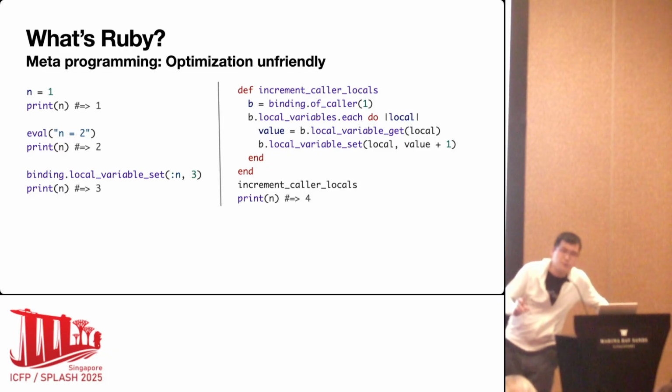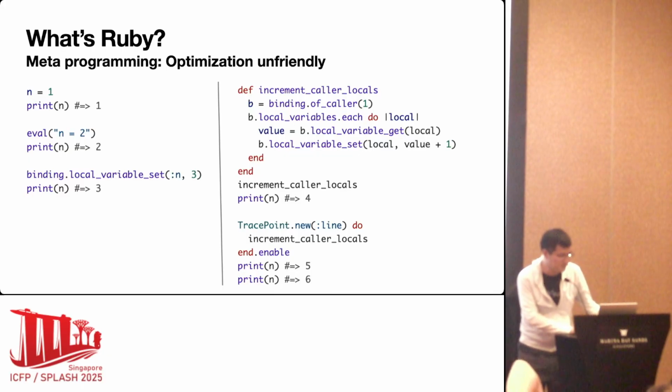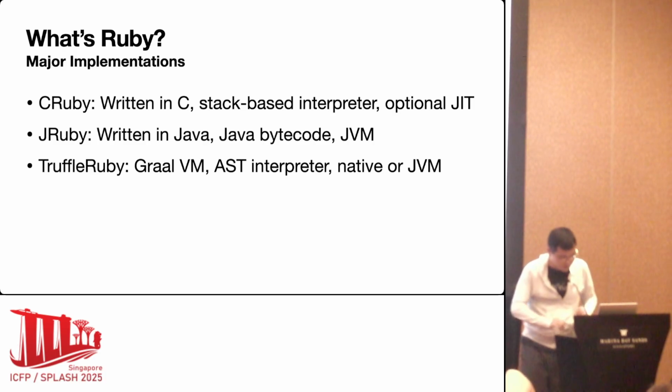So whenever you make a method call, you need to be prepared for every local variable in the frame being modified. And there's also a tracing feature that allows you to do that kind of thing. In this last example, whenever you go to the next line, that triggers the line event and increments every local variable in the top level frame. So we are dealing with that kind of stuff.